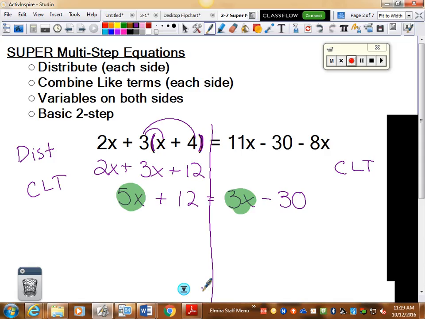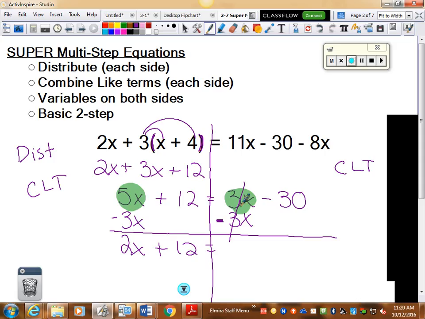Since the 3x and the 5x are on different sides of the equal, that's where we talk about them being enemies, and the smaller x term is going to be defeated, taken out. 5x take away 3x is 2x. Bring down your plus 12.